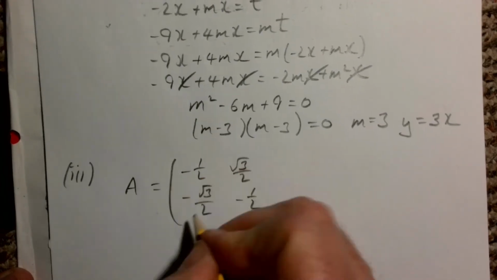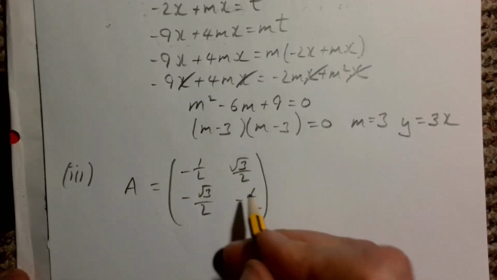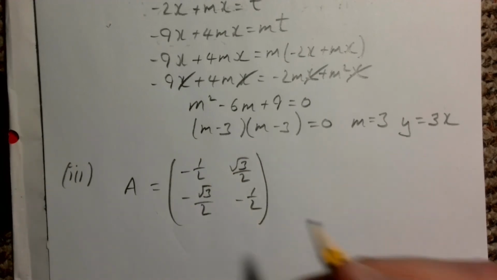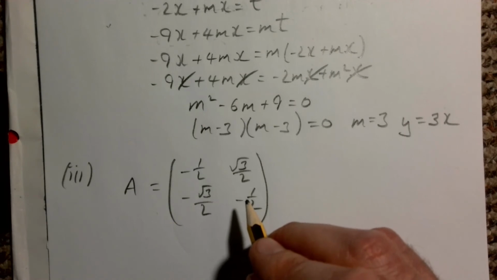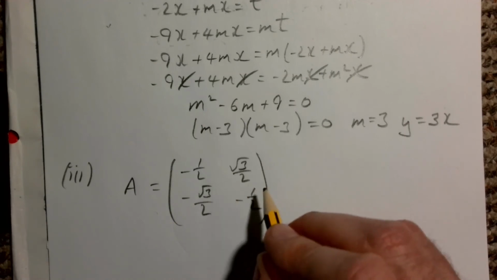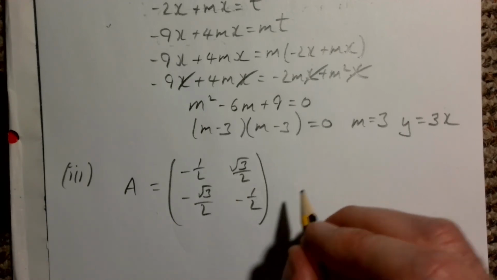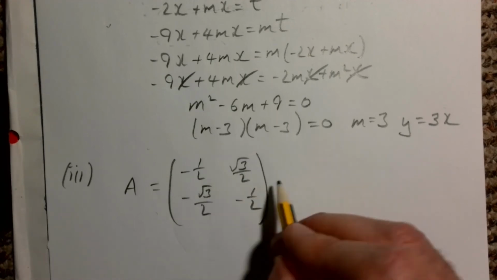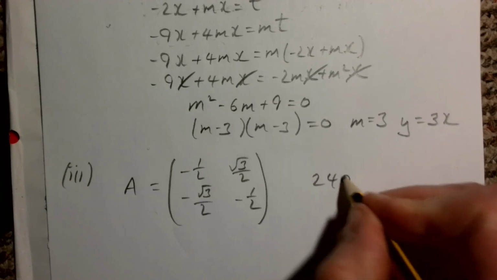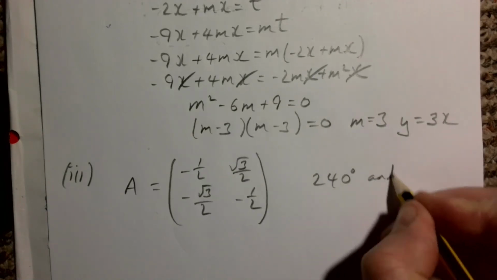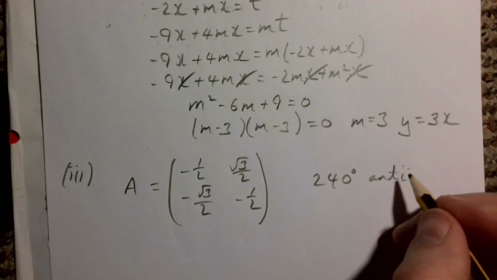I would hope that you recognize those as being trig ratios. If you muck around with it, you will hopefully see that it is a rotation of 240 degrees anti-clockwise. Again, if you look up your formula booklet, it gives you that, and you can see then that the angle is 240 degrees. So it's 240 degrees anti-clockwise about the origin.